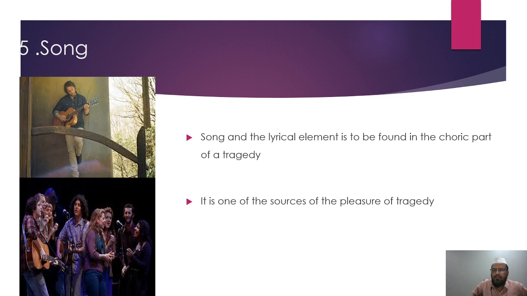So in order to release their grief or sorrow, in order to bring them out of that sorrowful circumstance, the playwright makes use of certain comic scenes, or inserts certain songs. So song is a kind of source that gives pleasure. As a comic scene gives pleasure to the audience, similarly song gives pleasure to the audience. So song is the fifth constituent part of tragedy.